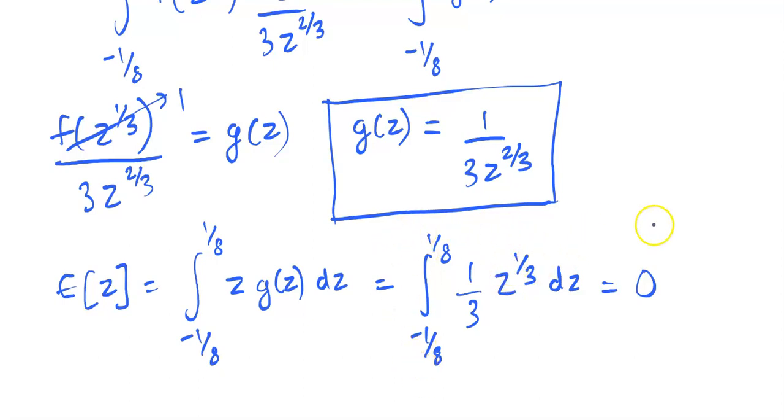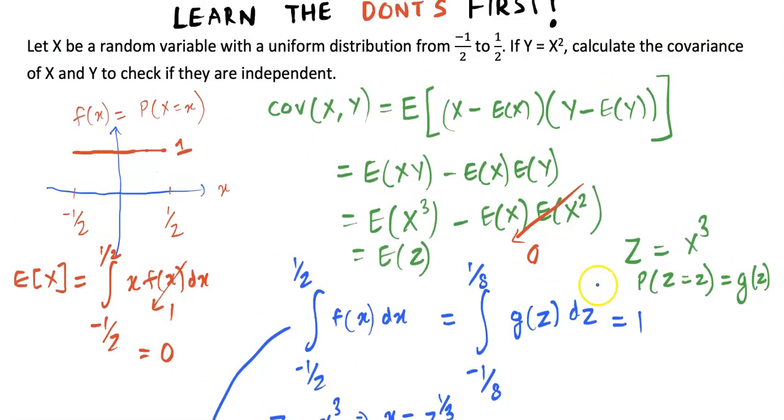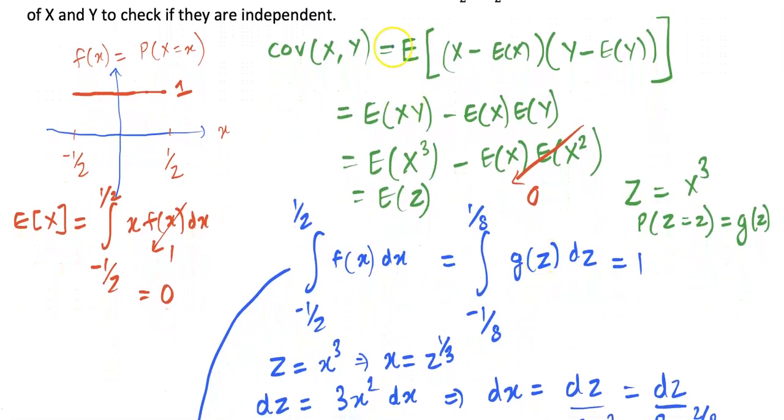So this integral would evaluate to 0. So this term also evaluates to 0. Isn't that interesting? So the covariance of x and y is 0.